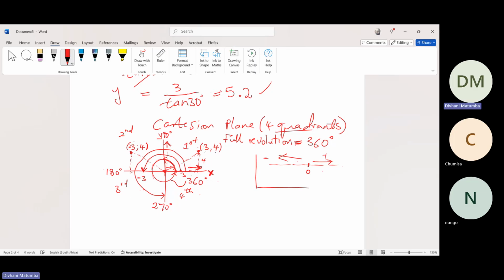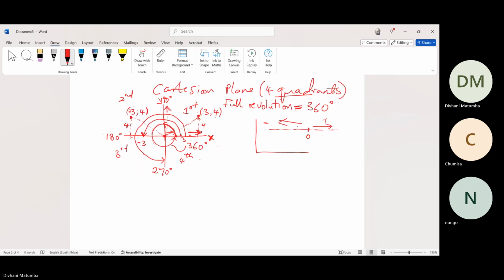And going up, it will be a 4. Do you agree? Yes, sir. Okay. So in the first quadrant, all co-ratios are positive.